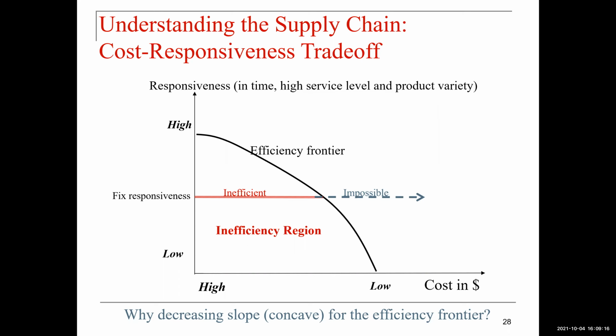So as the cost goes down, with more options for the customers, you might not be able to offer that high responsiveness because you have to compete with other manufacturers. So responsiveness will go down in terms of the efficiency.